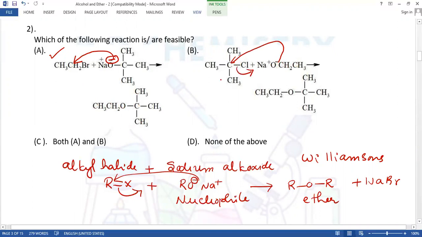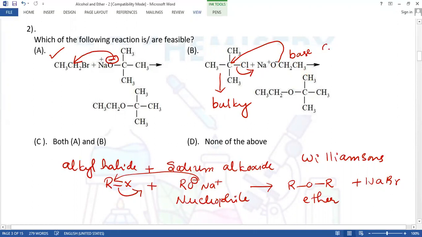But the problem is that this compound is tertiary butyl chloride. This is bulkier. Now what will happen? The nucleophile cannot attack the carbon atom in the bulkier group. So this cannot act as the nucleophile. Instead, it will act as the base. So what is the use of a base?